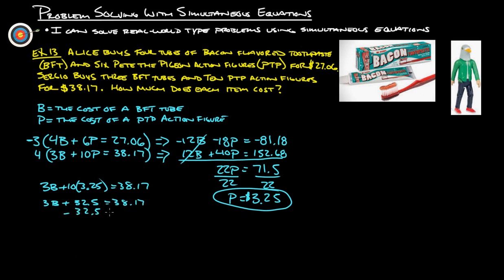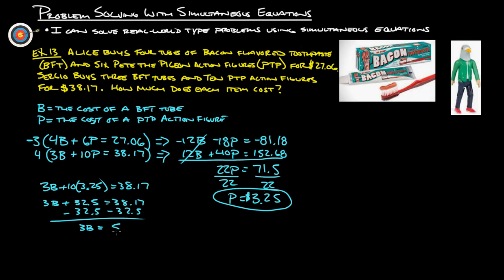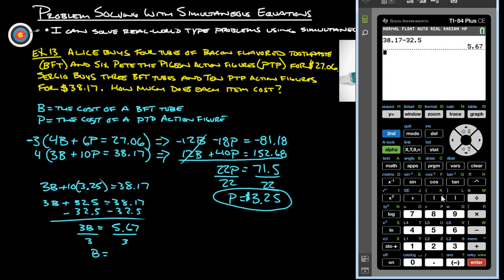Subtract 32.5 from both sides. And we get 3b equals 38.17 minus 32.5, which gives us $5.67. Divide both sides by 3, and we get the bacon flavored toothpaste is $1.89 a piece.